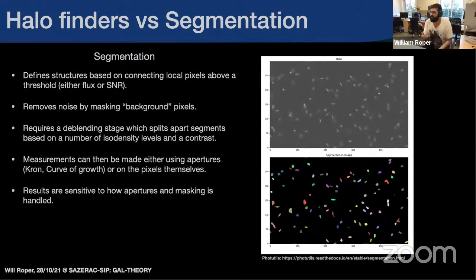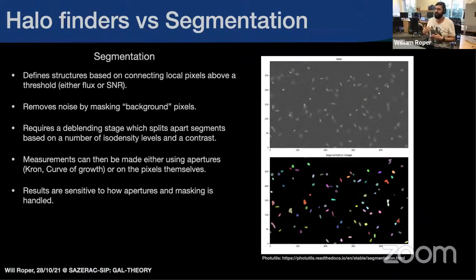Then on the observer side of things with segmentation maps, these structures are defined based, again, on position, but this time on flux. So they're connected local groups of pixels that are above a certain threshold, either in flux or signal to noise. The background, so the noise, is actually then removed by masking if it's not part of a segment, but you still have a blending problem here.